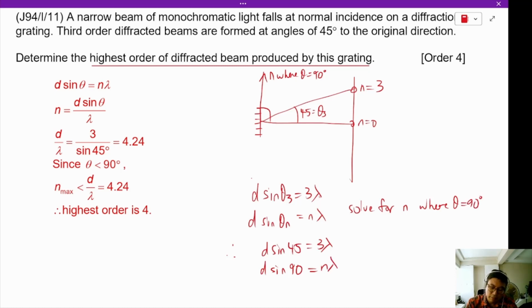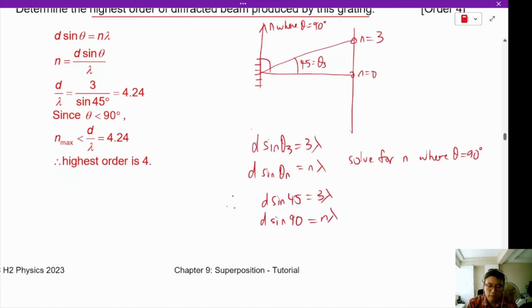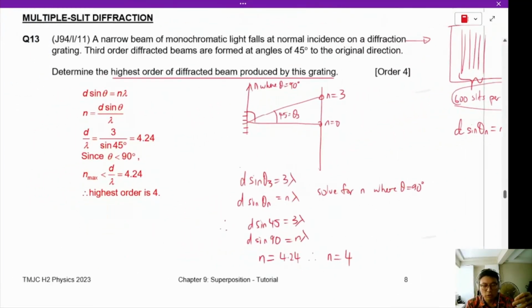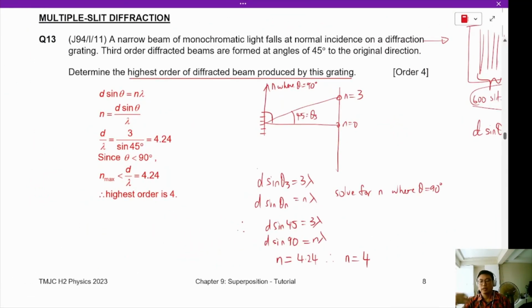We can use a calculator to find that n equals 4.24. Therefore, the largest value of n is 4, since we cannot see the 0.24 of a diffraction order. So n equals 4 will be over here, and n equals 4.24 is not seen. So the highest order is 4.